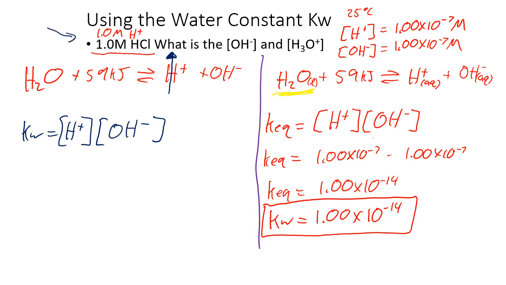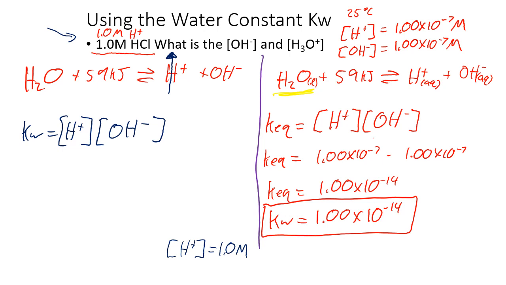So we know that the concentration of H plus, since it's 100% ionizing, is 1.0 molarity. Okay. Now we need to figure out the concentration of OH minus. Even though it's a strong acid and there's 100% ionization, there will still be hydroxide in the water. It'll be a very low concentration of hydroxide, but there still will be.